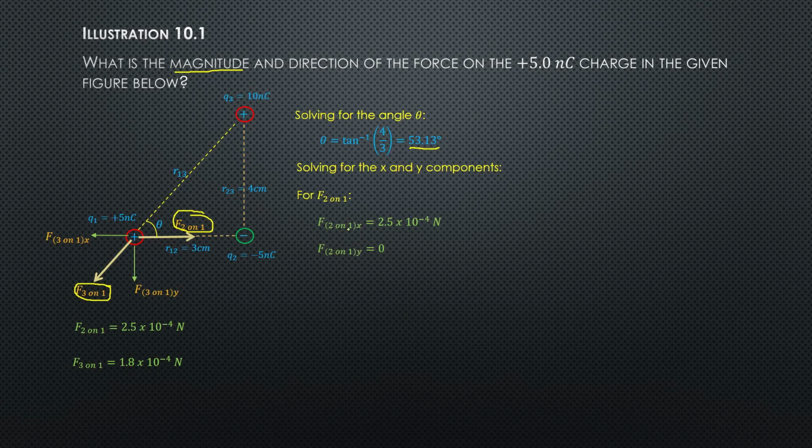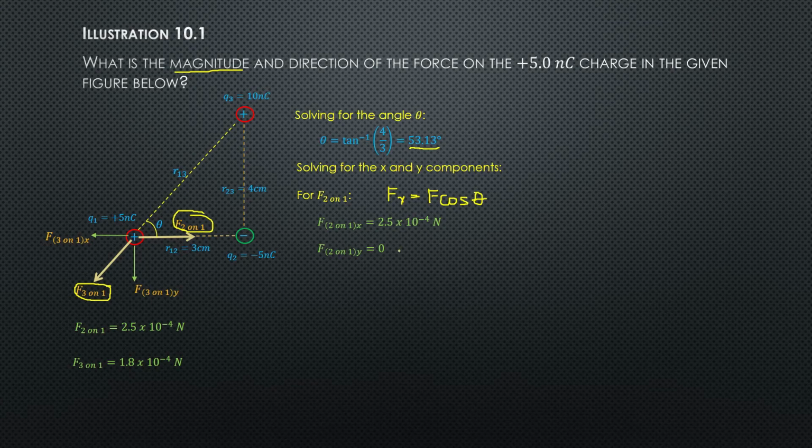Solving for the x and y components, let's say on F2 on 1. The x component will be still 2.5 times 10 to the negative 4 newtons because of the formula: Fx equals F cosine theta. Theta for this force is 0, so that is 2.5 times 10 to the negative 4 for F, and cosine 0 is 1, so that remains the same.